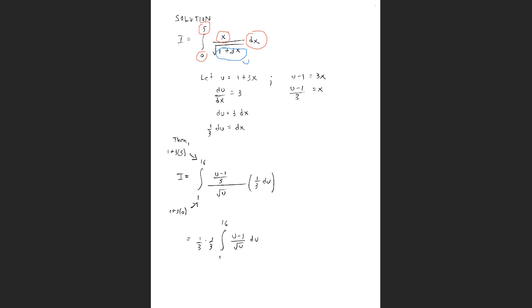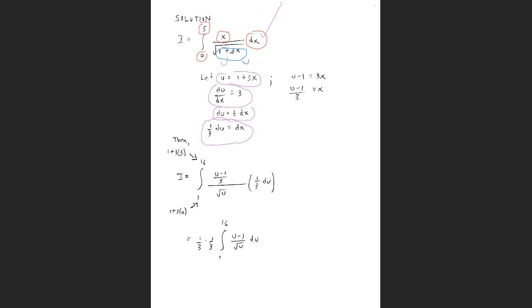So, we have u equals 1 plus 3x. Well, that means that du dx is equal to 3. So du is equal to 3 dx, and that means dx equals 1/3 du. So the dx, I have an expression for that in terms of u. The 1 plus 3x, I have an expression for that in terms of u, of course.